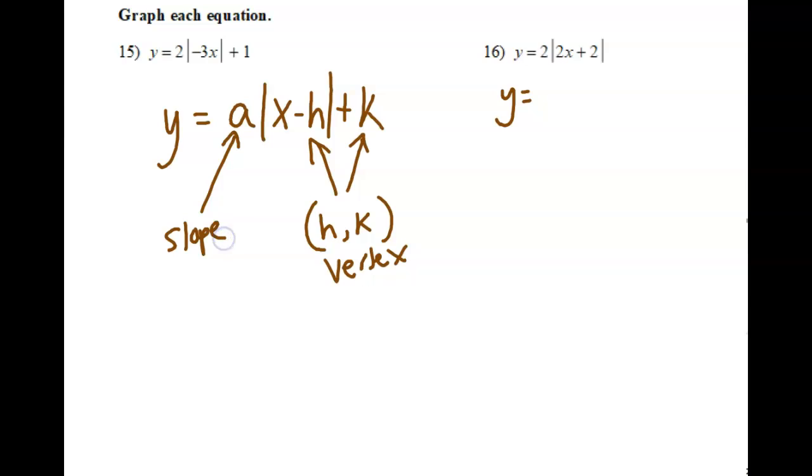But with absolute value functions, instead of just being rise over run, it's rise over run in two separate directions. That way, when you connect the dots together, you get a V shape. So you got to remember when you do your run on an absolute value function, you run to the left and to the right.